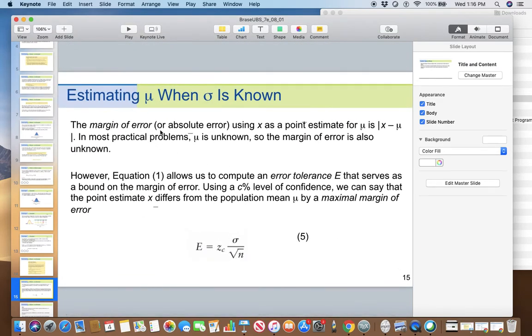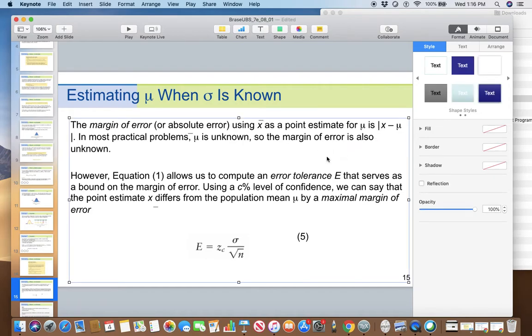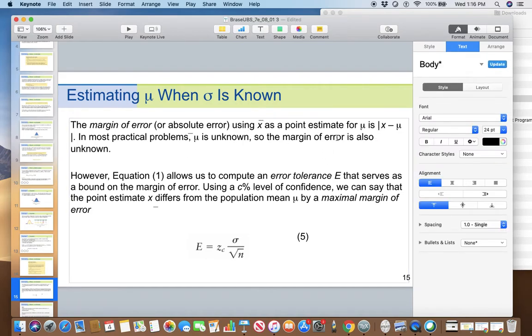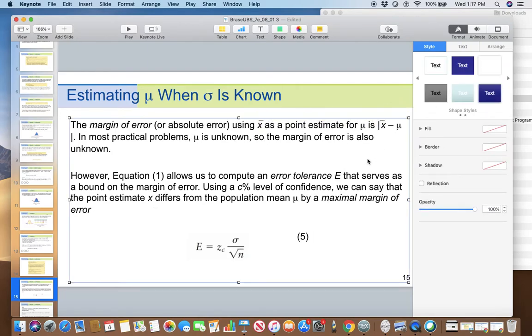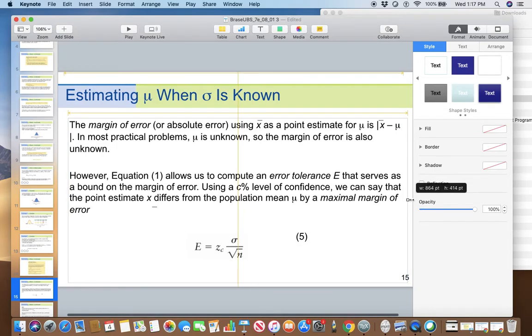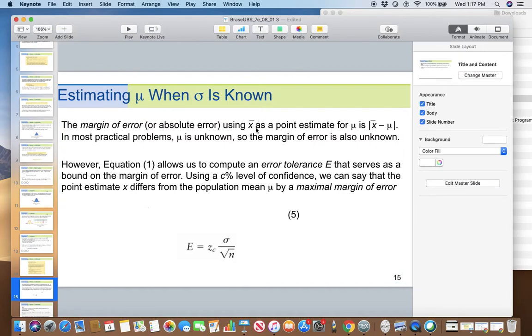All right. Now let's use that equation. Now the margin of error of using x bar as a point estimate for mu is this.